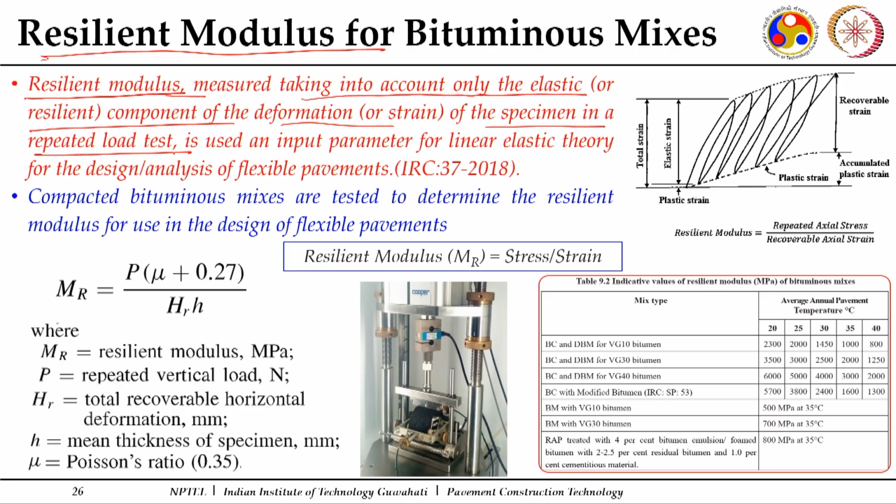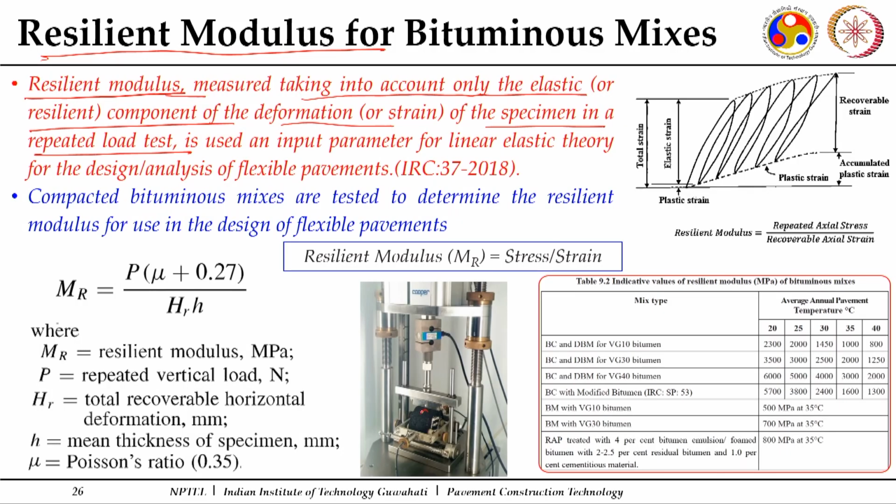So, here again a specimen in this particular resilient modulus test is subjected to repeated load. This is a specimen which is shown here, placed in the test assembly of resilient modulus. What is done is you apply a stress and measure the strain that is happening.